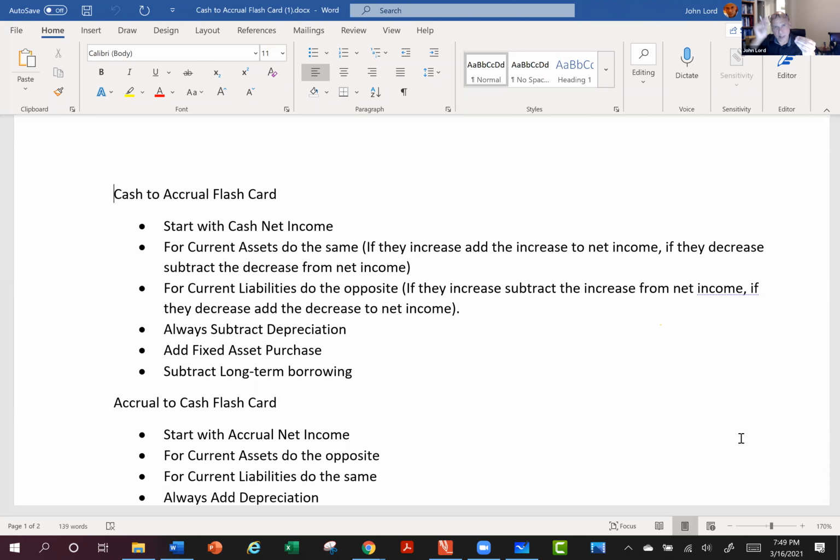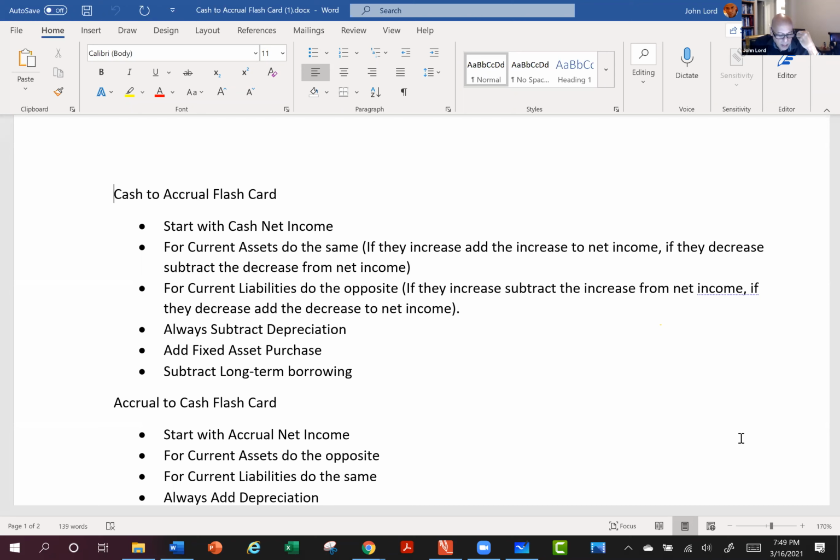So what happened? My accounts receivable went up. I added that to my cash net income to get the accrual net income, right? If they decrease, subtract that from net income. That's what I did in year 2. The accounts receivable went down 1,000 because I collected in that year, so I subtracted it. So if it's an asset, do the same. And you have to analyze current assets and current liabilities, and they'll give you those in the problem, and they want to see if you know what to do with them.